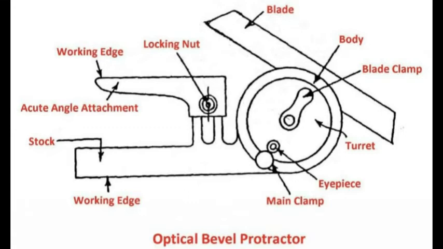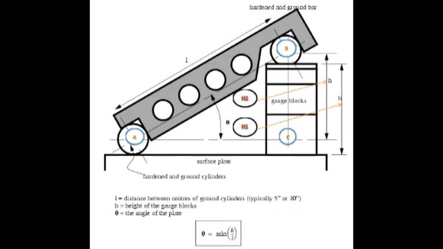Okay, so the next instrument is the sine bar. A sine bar is a precision angle measuring instrument which is used along with slip gauges.